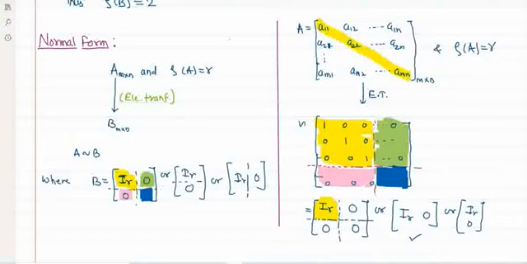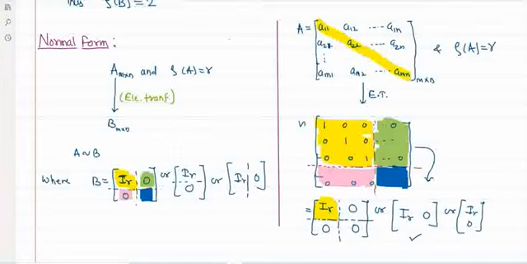So depending on the final matrix, you have to decide the notation. After converting to this, you can recognize the rank of the matrix. So this definition we are going to use to find the rank of the matrix.